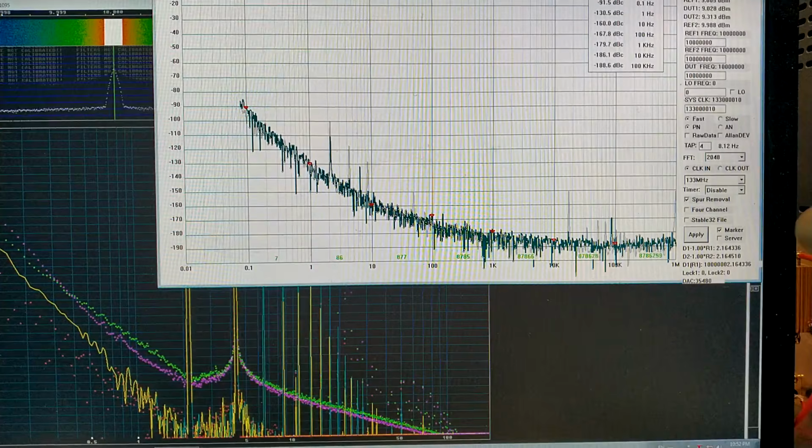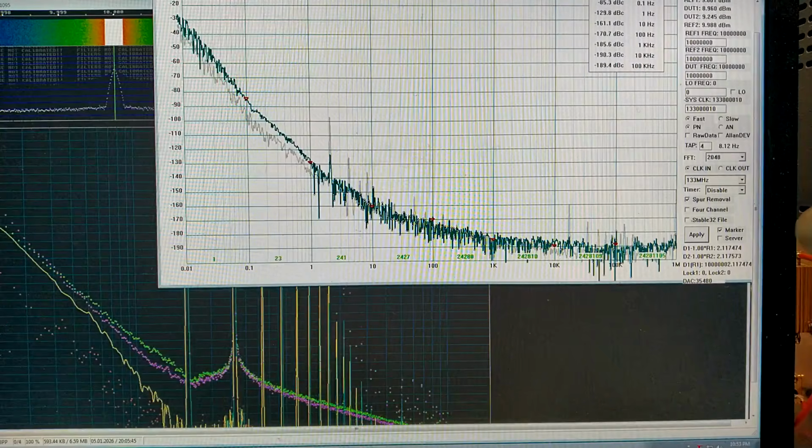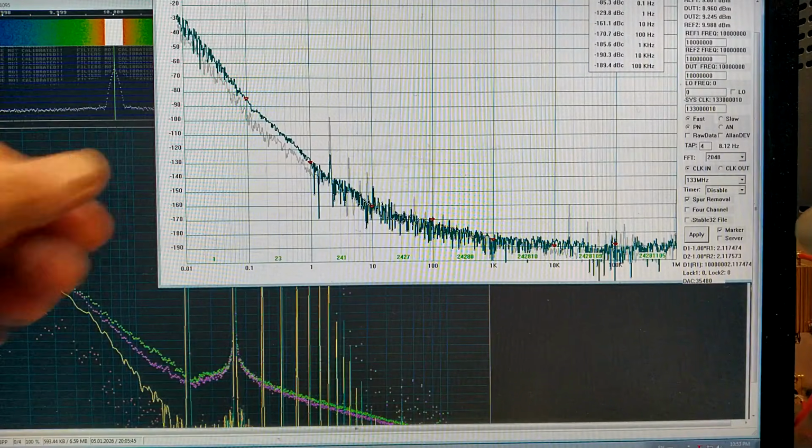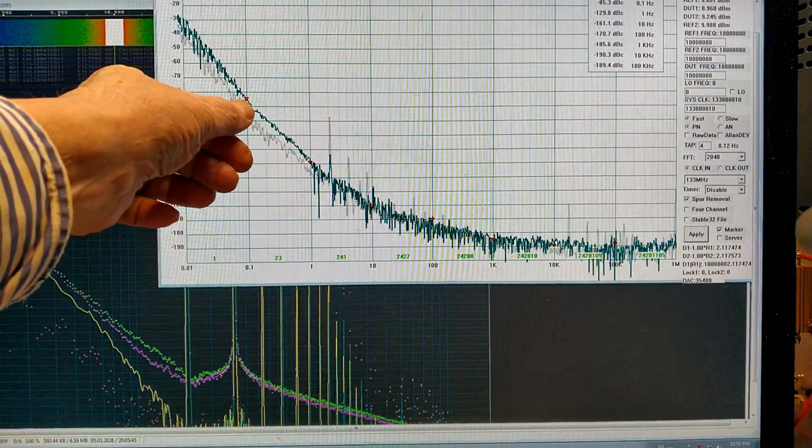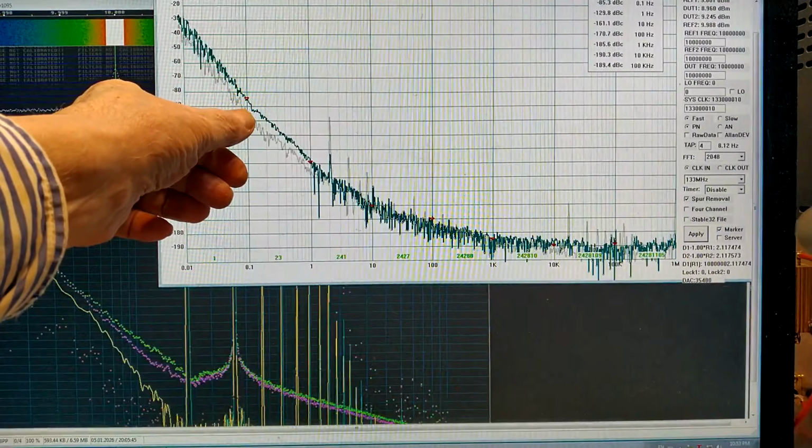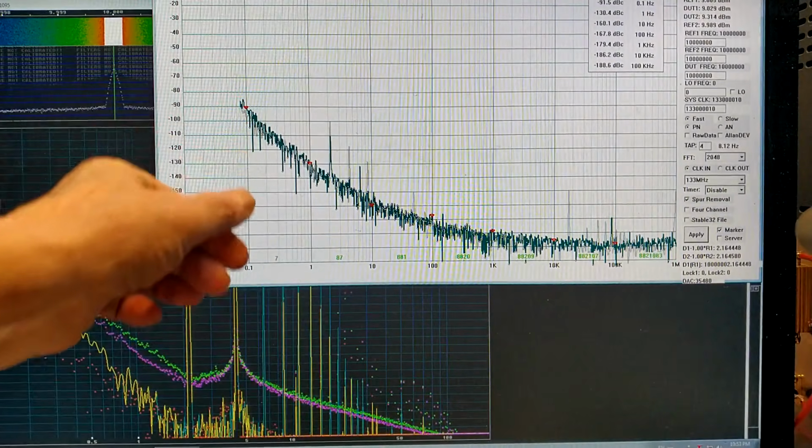This has been running now for 1 hour and 10 minutes with a black tape on top of the box. And here is what it looked like before I put that tape in place, particularly close to the carrier. There is a big difference.